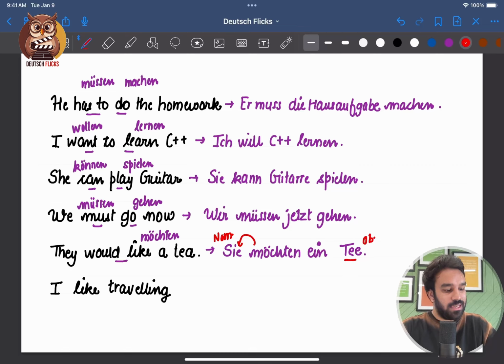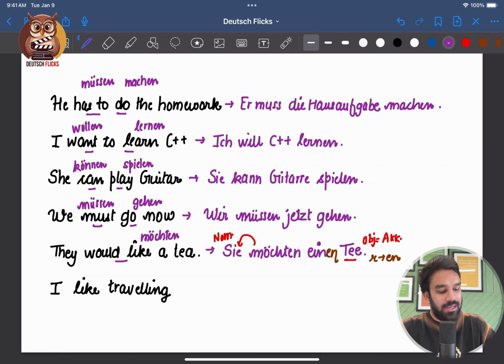If this is the object, it has to take accusative case. That means in accusative case, der changes to den, so our ein will be changed to einen. Sie möchten einen Tee is the correct answer. If you don't know nominative, accusative, you can watch my lesson on it.